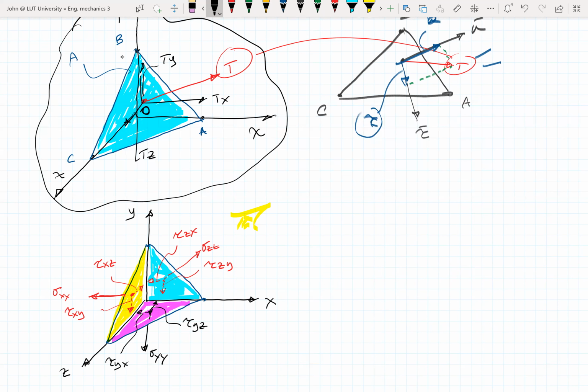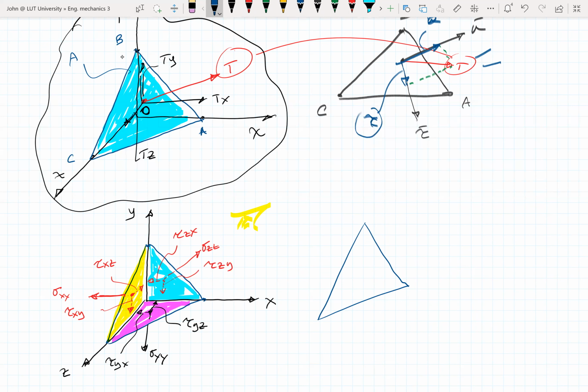Then additionally, I will have in the inclined plane, let me represent it outside so it is better to see. This belongs to the same figure, but just not to make a mess, I will have the following stresses. Which color?